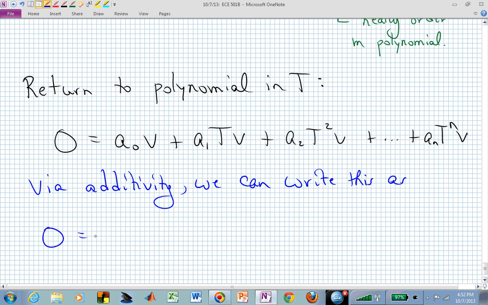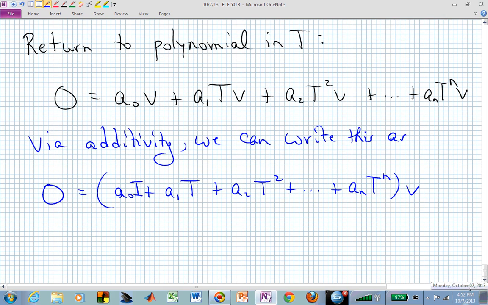So now I have 0 is equal to a sub 0, and now let me put this I in there. I guess I wouldn't have to, but I'll go ahead and do it now. A sub 0 I plus a1 T plus a sub 2 T squared all the way up to a sub n T to the n times v.